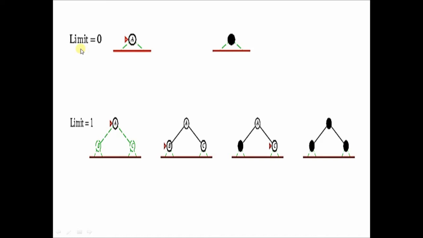Say when depth limit is equal to 0 initially, however big the tree might be, however big the search space might be, only the nodes at level 0 will be visible. So here only the start node will be visible. So this is depth limit 0. That will reveal only the tree up to level 0, that is only the initial node.